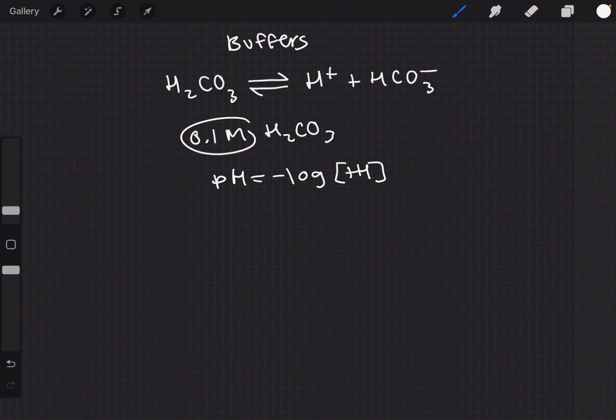This does not equal this, okay? You would have to use those ICE tables and then find the concentration of hydrogen ions from there using the Ka formula, and then from there you can plug it into the pH formula.